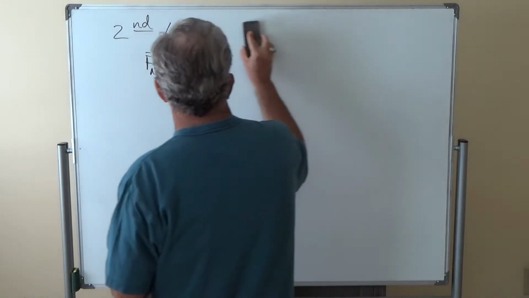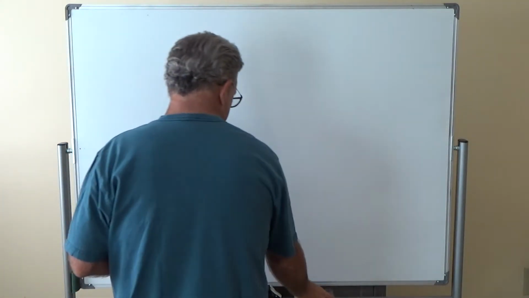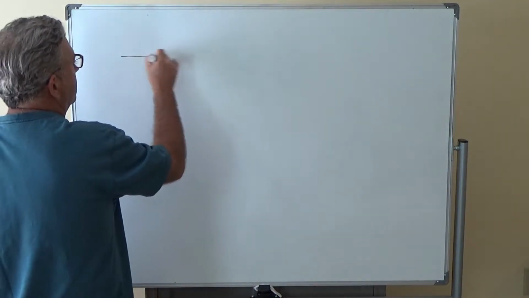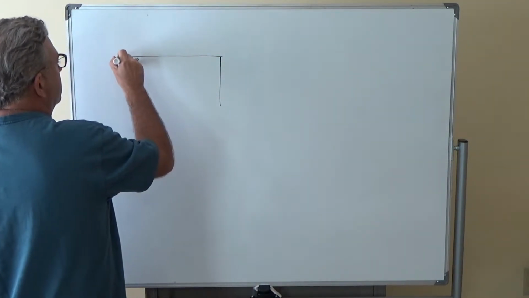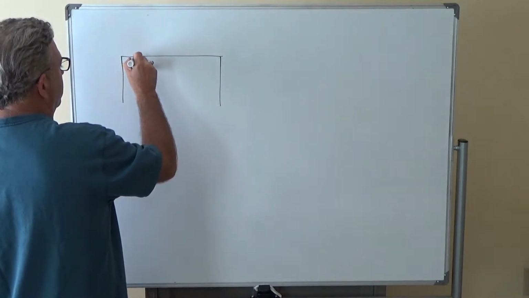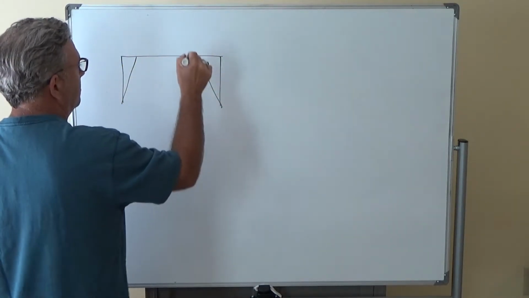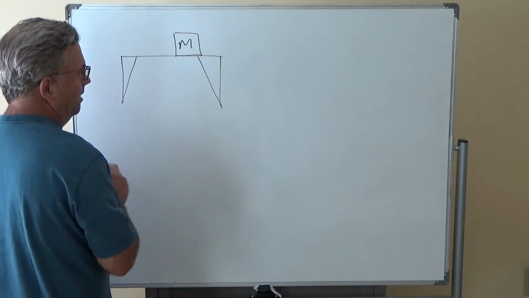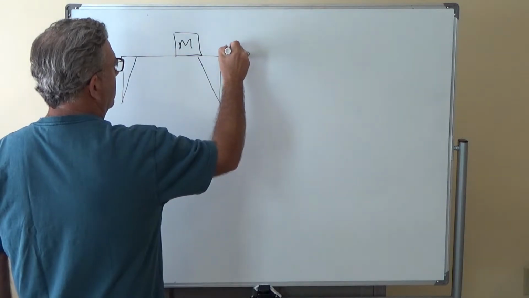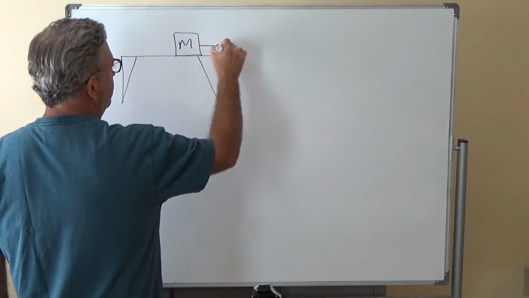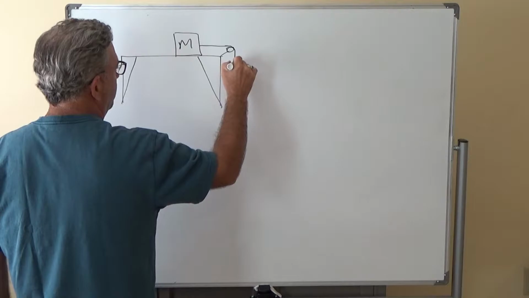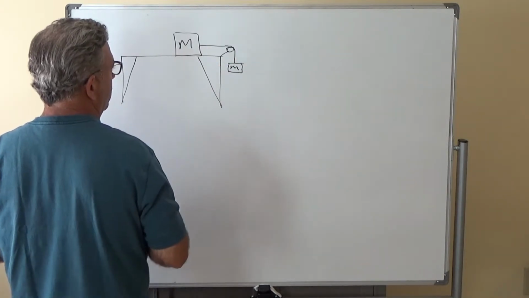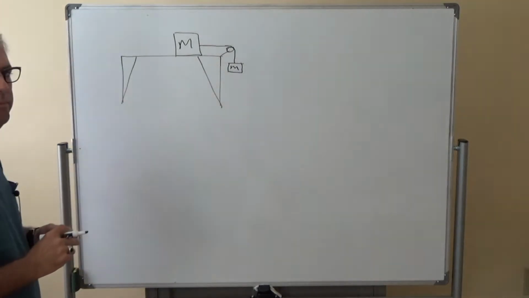Okay, so the first thing I want to look at is an object. Let's say you have an object sitting on a table. Big mass M. And connected to the table is a little pulley and a hanging mass, little m.